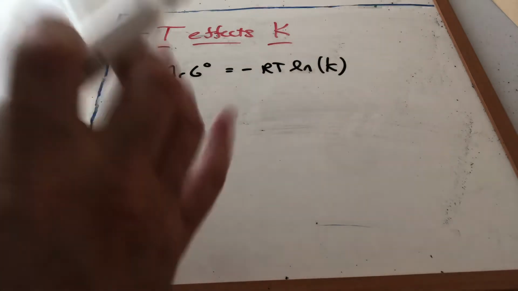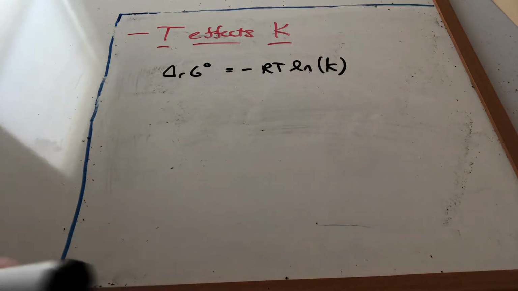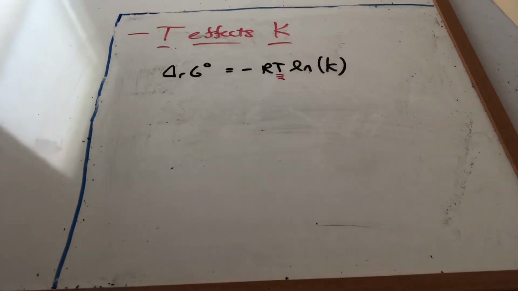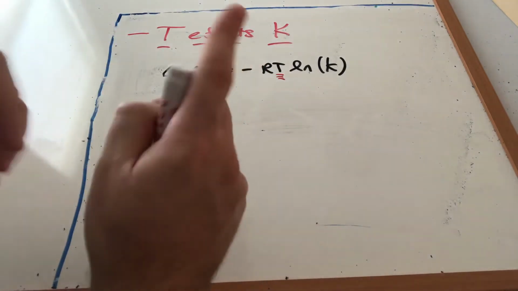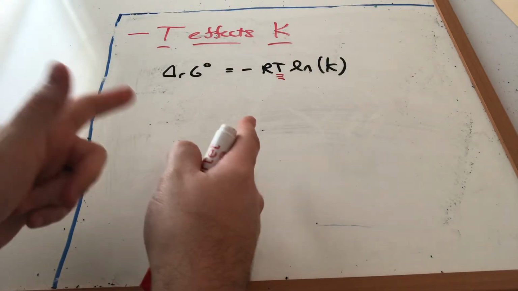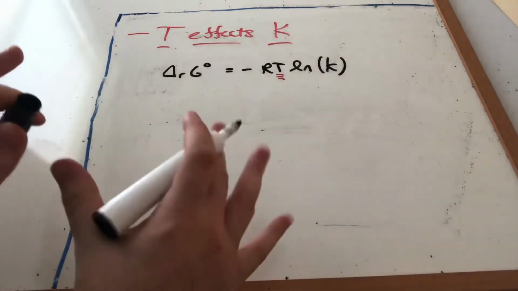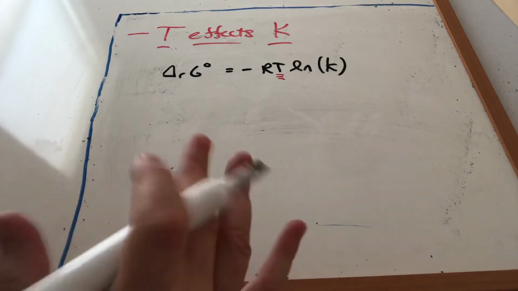A lot of you looked at this expression earlier in the semester and you said, okay, well, there's T. That must mean that that's the only thing I really have to change about this, right? To get at what K is at a different temperature. Because there's T as a variable. I'll talk about why that was a mistake, unless some assumptions are held.